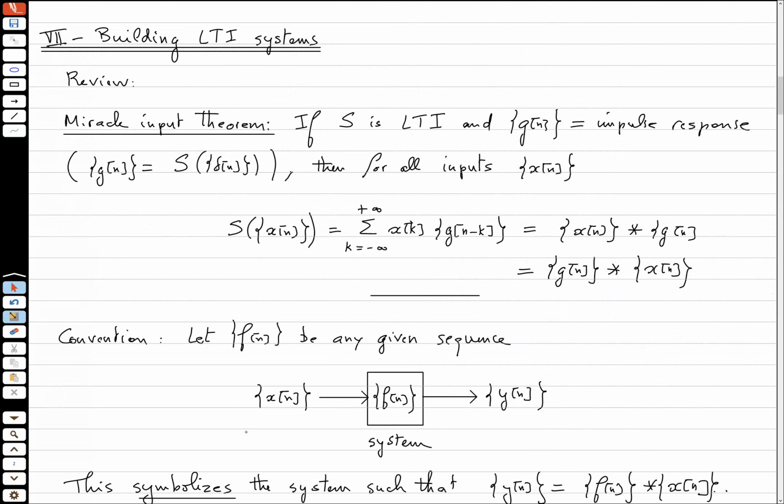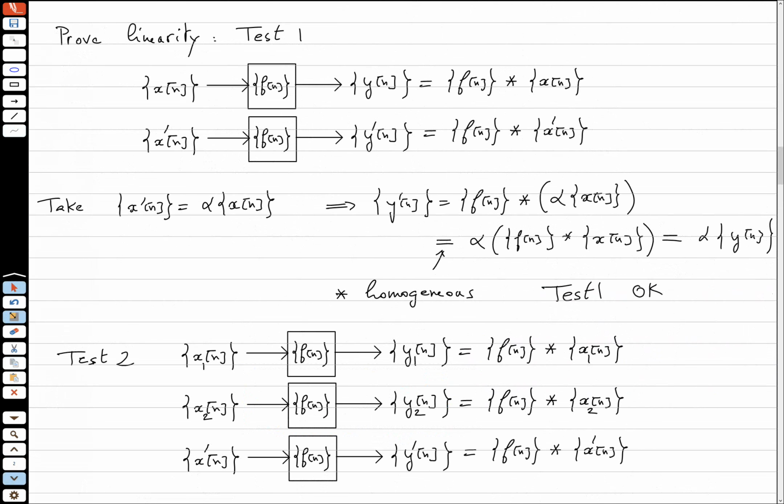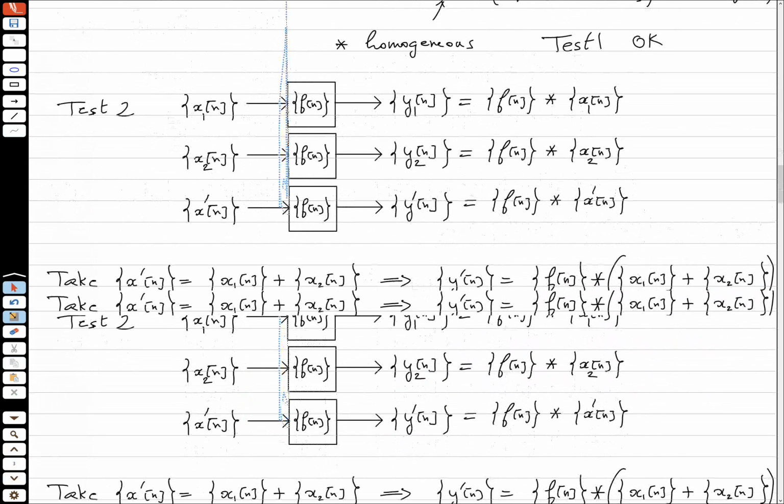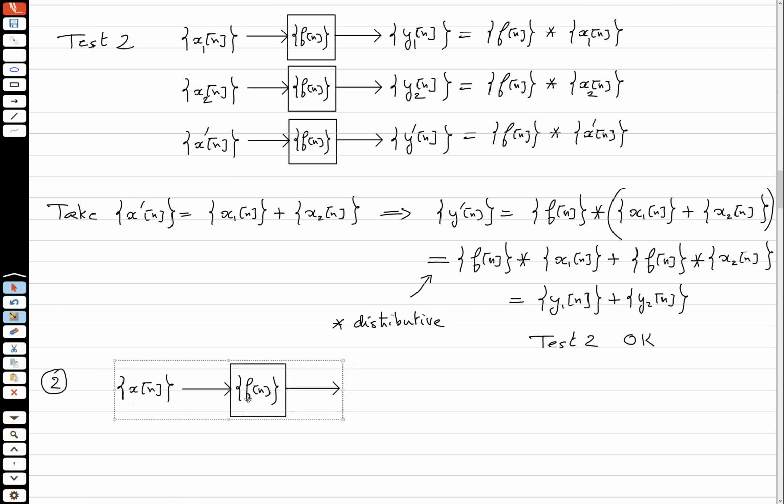So the impulse response is the response of the system to delta.